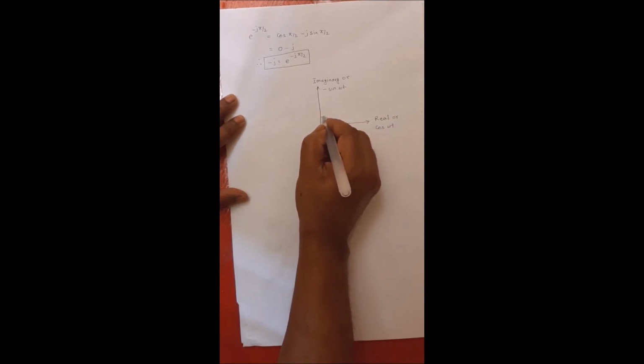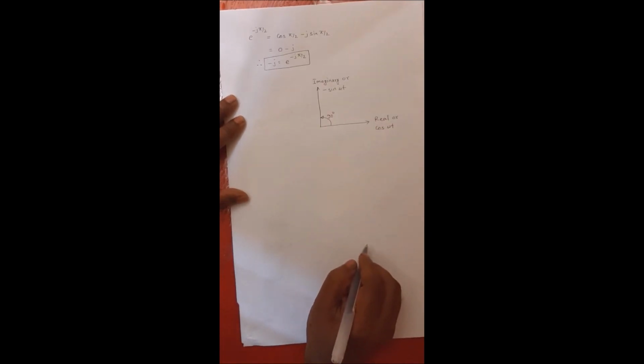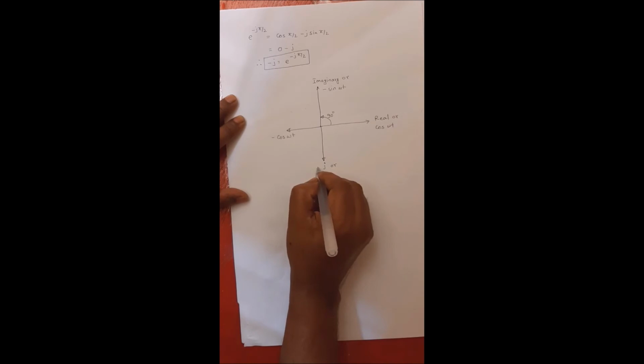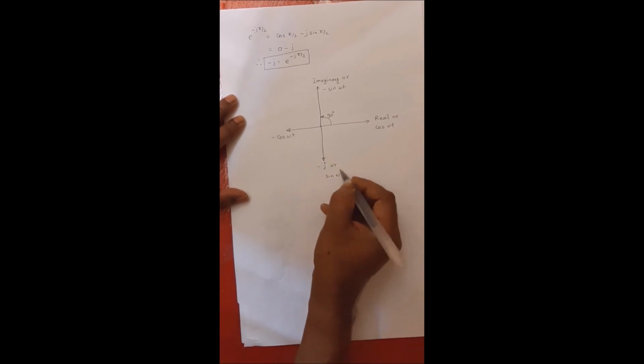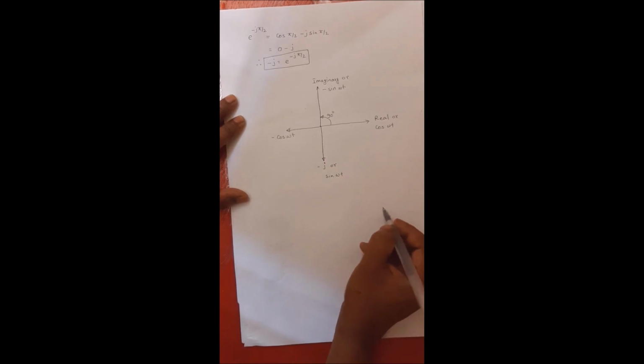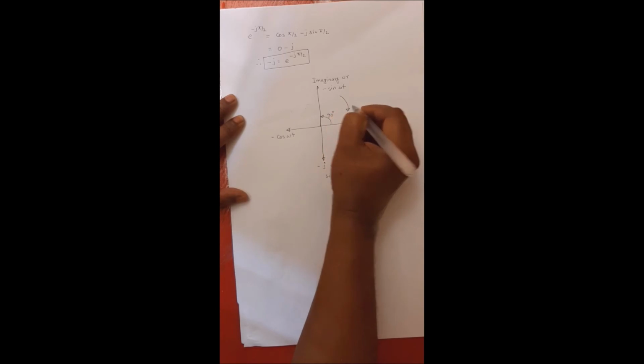Translate the real axis and the imaginary axis to get the negative cosine and positive sine function. The clockwise shifting indicates a negative phase angle, and the counterclockwise shifting indicates a positive phase angle.